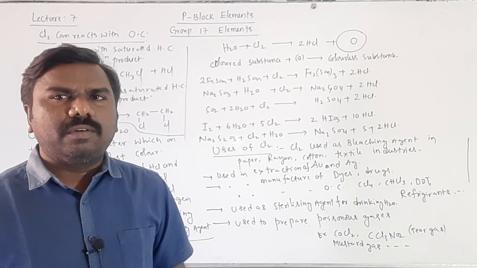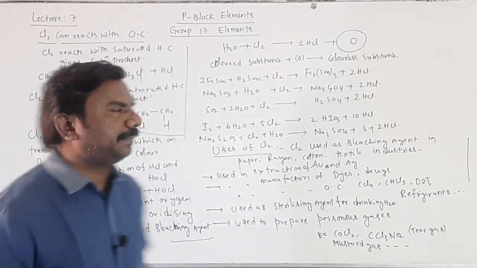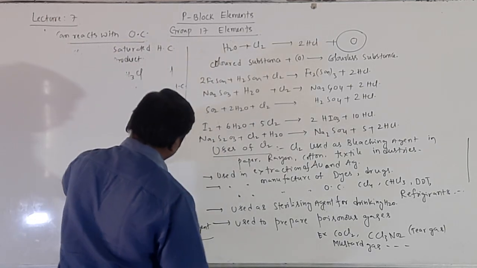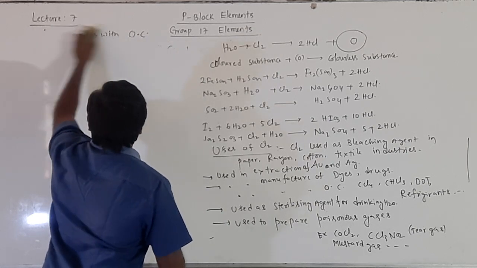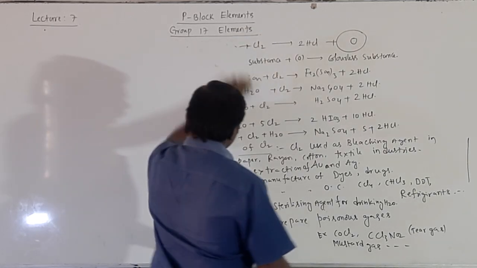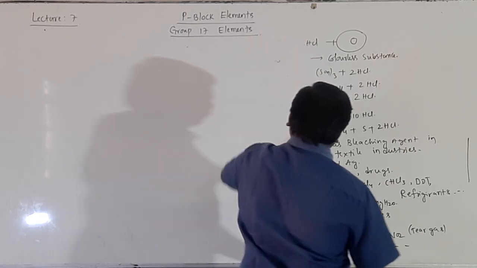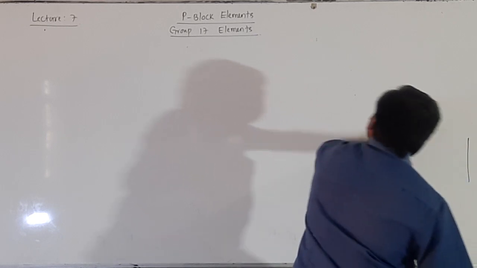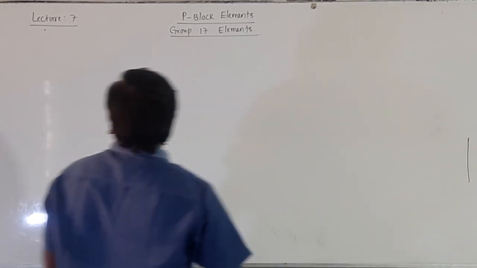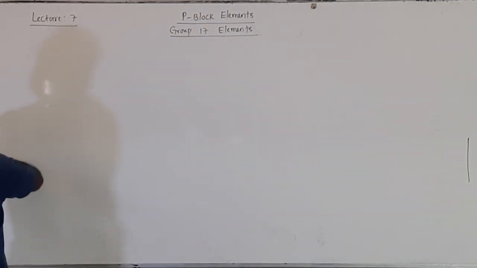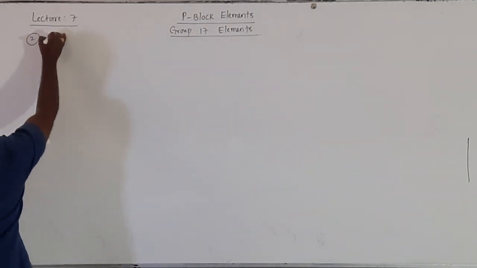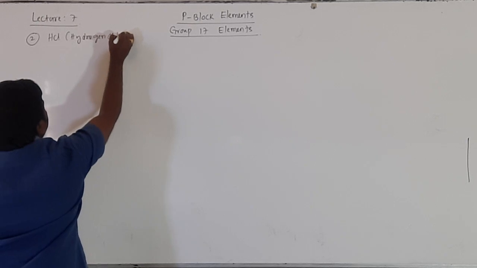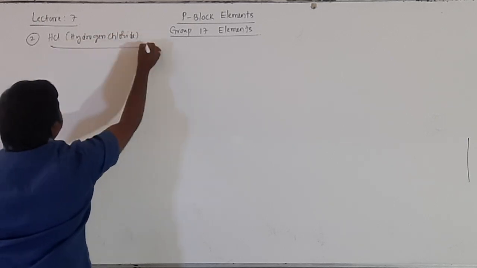The second compound of chlorine is hydrogen chloride, HCl. The name is hydrogen chloride, also called hydrochloric acid.